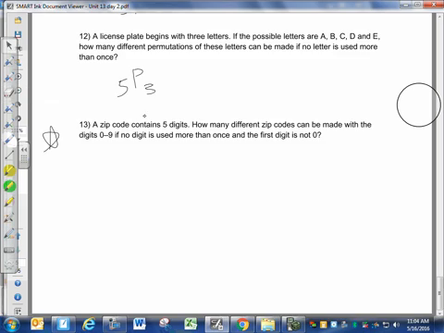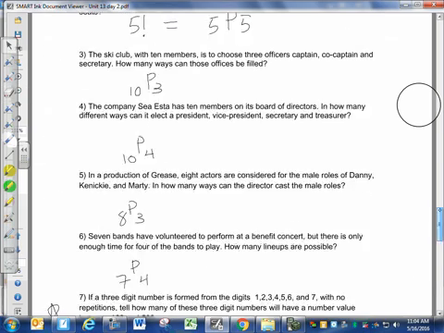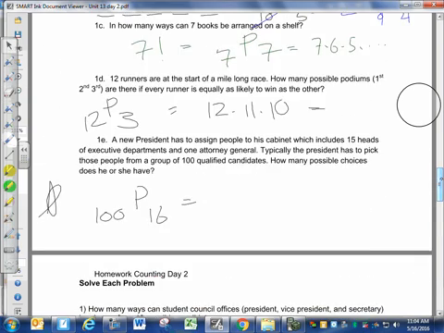The rest are fairly straightforward. 7, 10, and the last one.